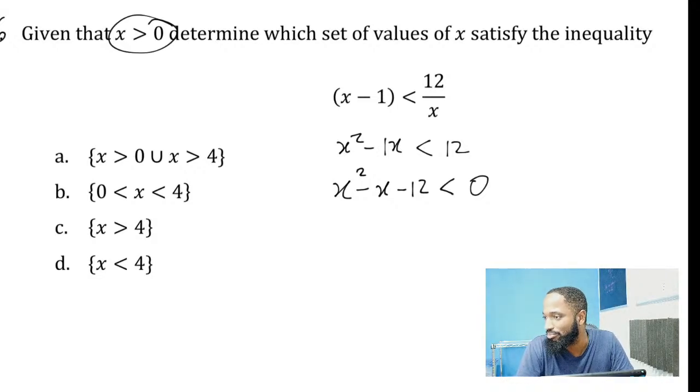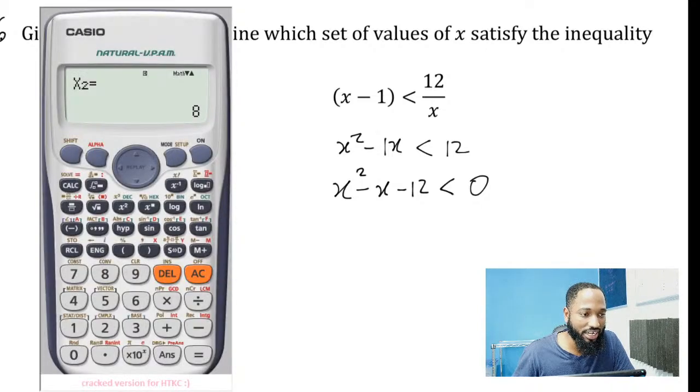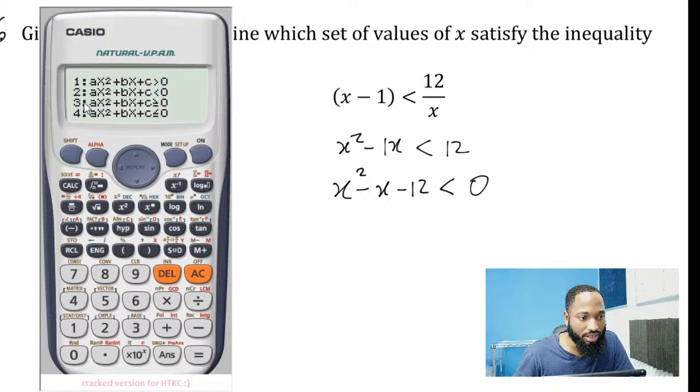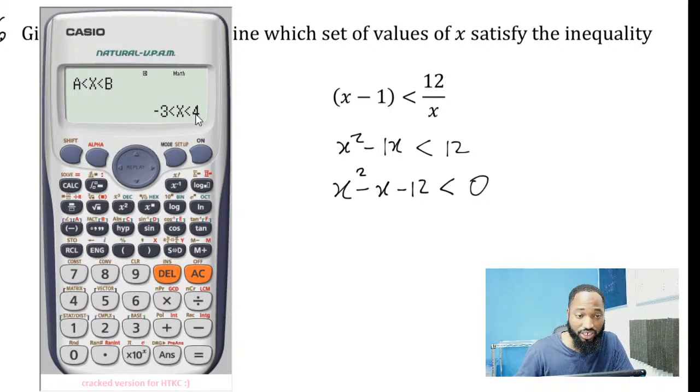So 0 and 4 are the key values. Look at where you're coming from. 0 and 4 are the key values here. Alright, when you solve this inequality, you whip out your calculator now. They probably come for you in this question and say, you like calculator, we ready for you. You do your little inequality thing that I showed you. You press 1, where you have less than 0, so you press 2, and you put in the values 1, negative 1, negative 12, boom, you press equal, and you see negative 3 and 4 watching you there.